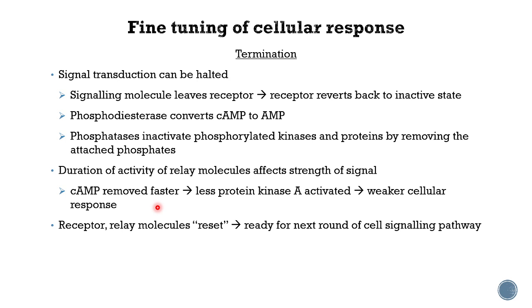Then the whole triggering of signal transduction will happen again. But that can only happen again when the proteins and molecules involved have been inactivated first. So that also tells us the importance of termination.